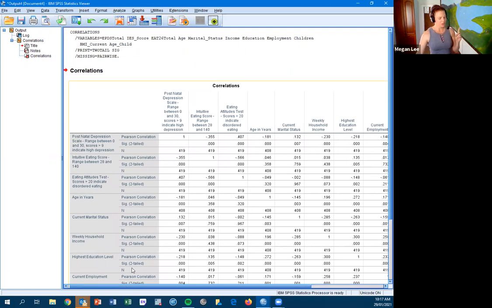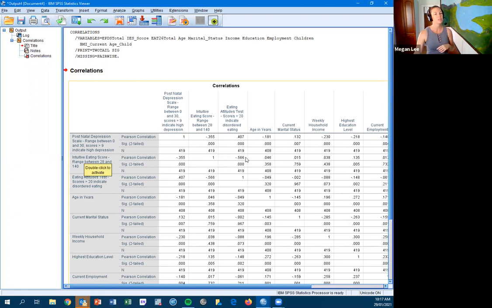Okay, so the next question, research question number 2. Are intuitive eating and disordered eating the same concept, just two different ends of the same concept? Or are they completely different variables measuring different things? The correlation matrix tells us that. So we go to the next row, intuitive eating score, and over to the eating attitude score.